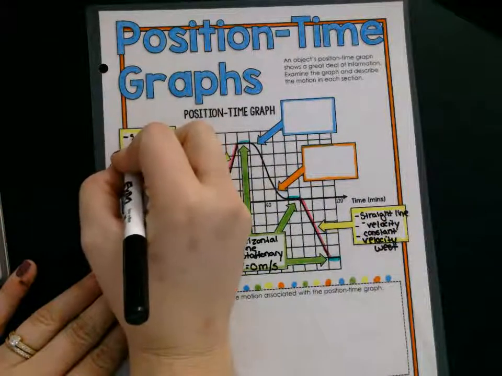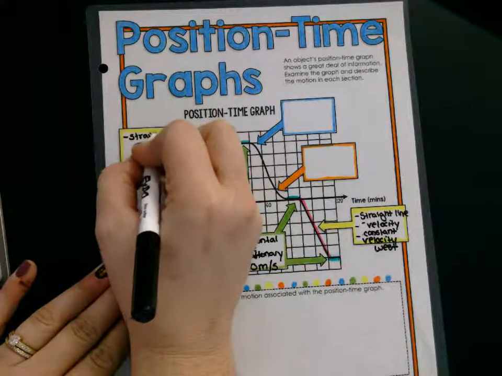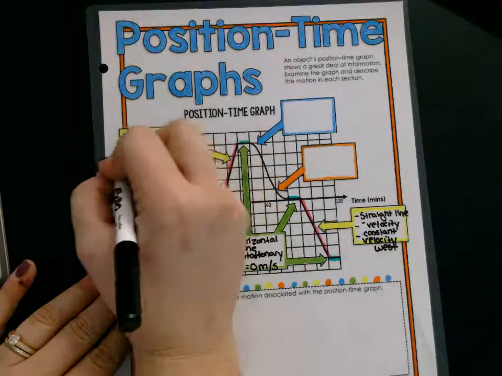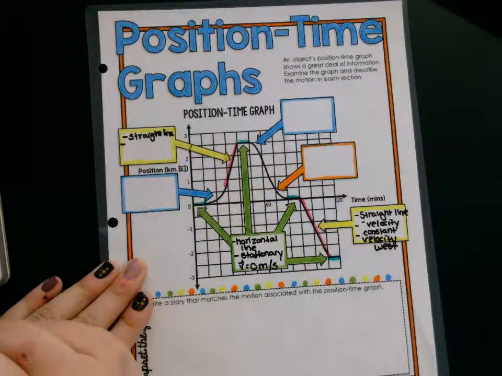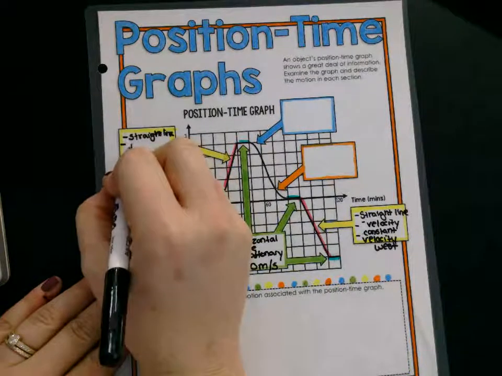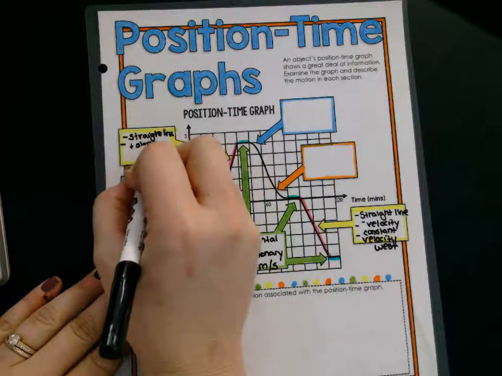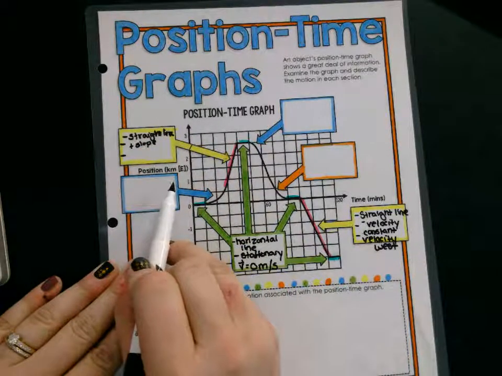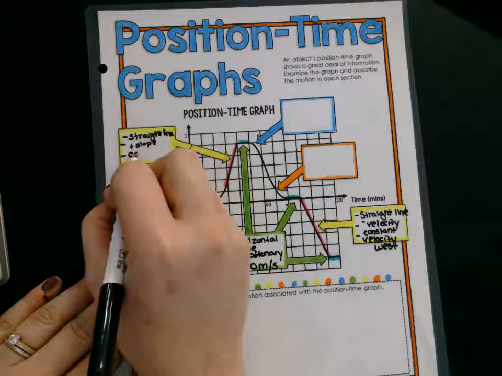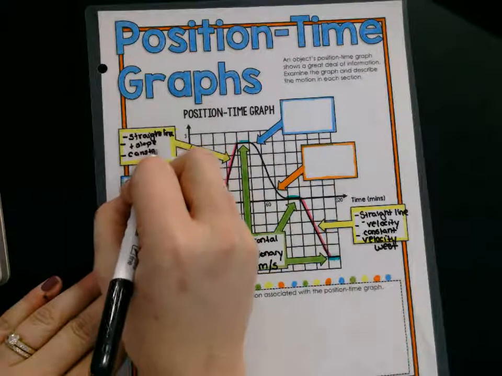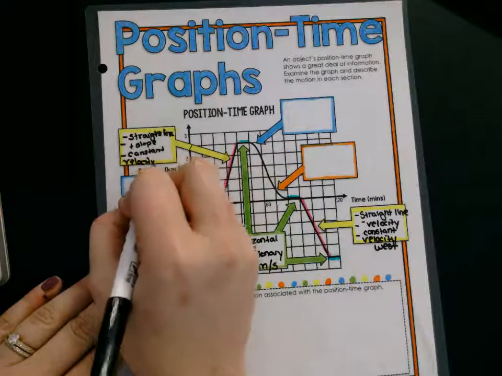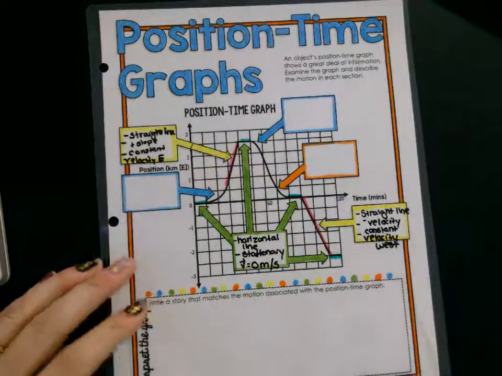Again, we've got a straight line. It's got a positive slope. And on this graph, positive is east. So we're going to say we have a constant velocity east.